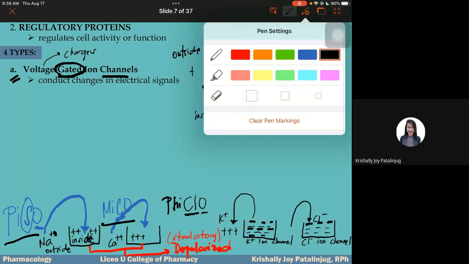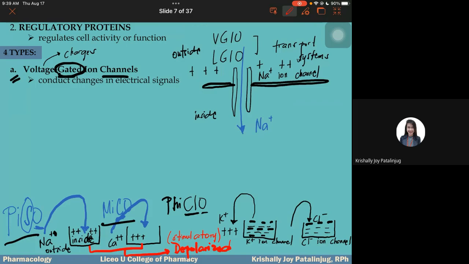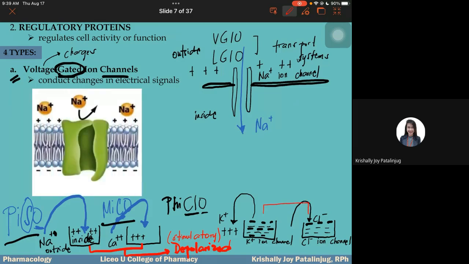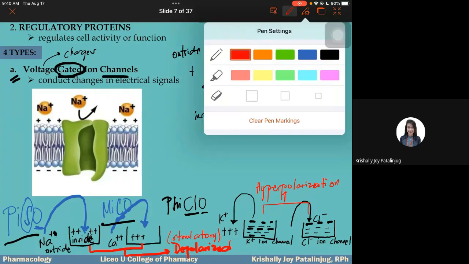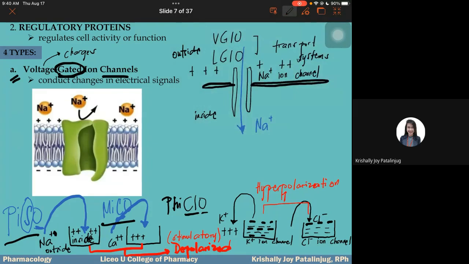That makes the cell hyperpolarized. Okay, I'll just write it here, hyperpolarization. And when you hear about hyperpolarization, that carries or exhibits an inhibitory effect. Okay, so inhibitory effect.